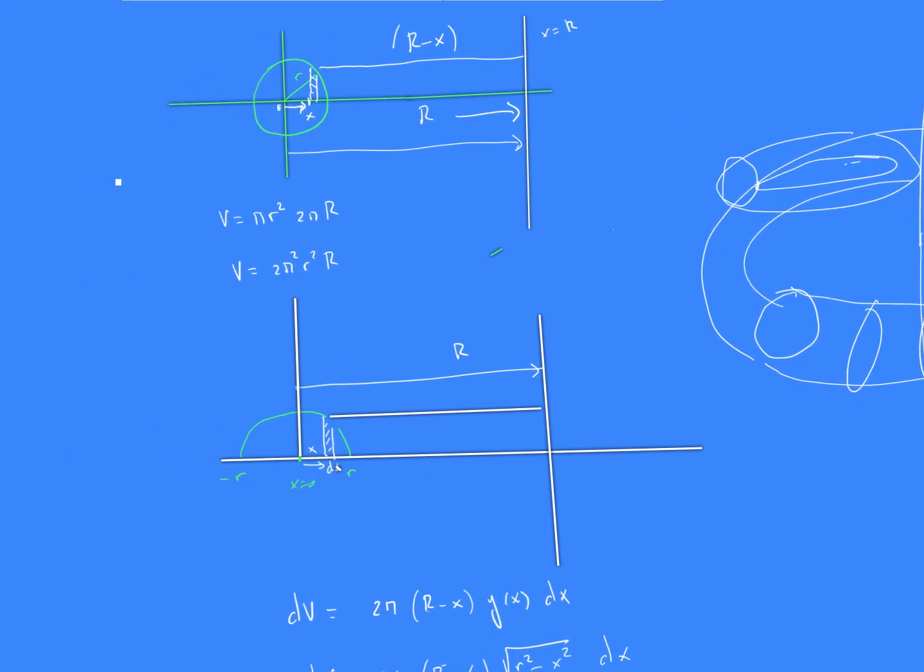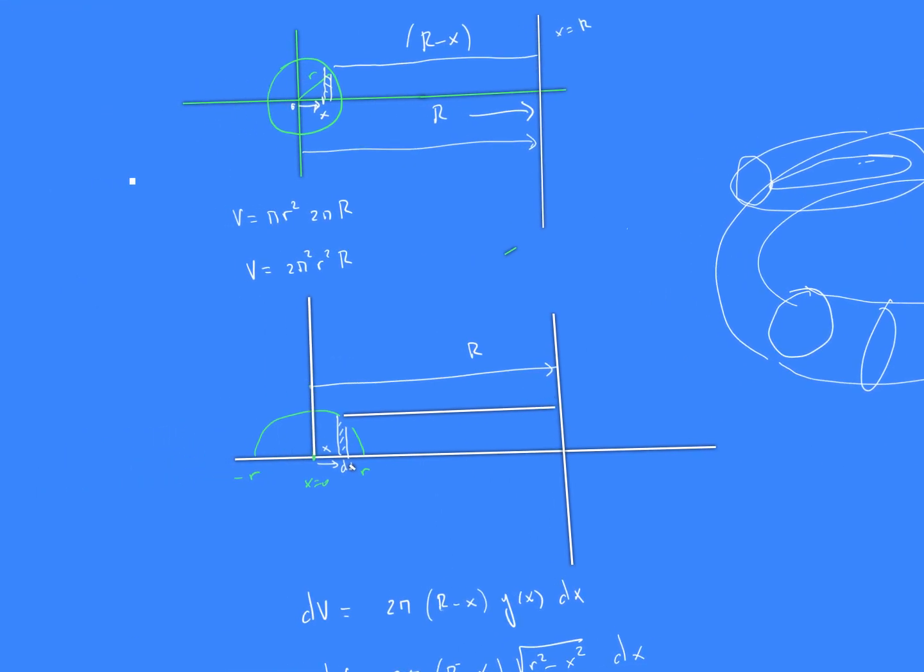Okay. So we need to use the shell method to produce an equation. But before doing the shell method, let's do it like we did in class. How did we do it in class? We said, I have the area of the circle, and I perform a rotation of the area of radius r. The center of the circle is at distance capital R from this axis.